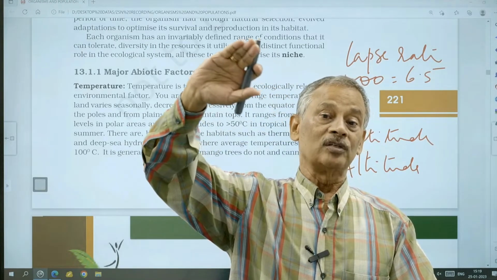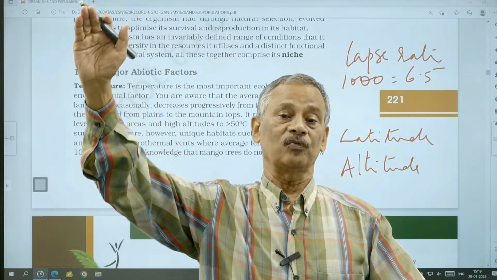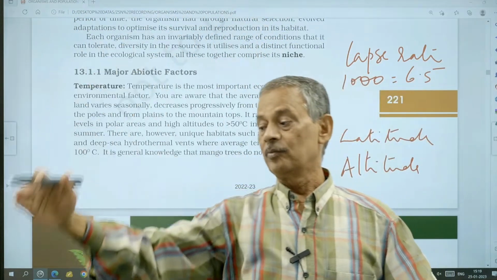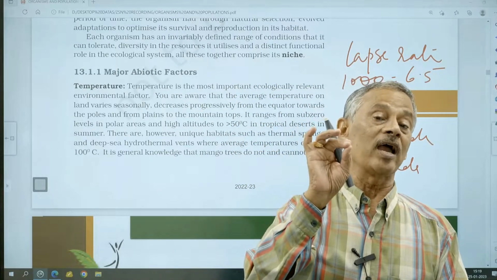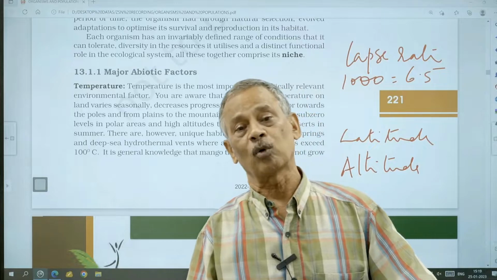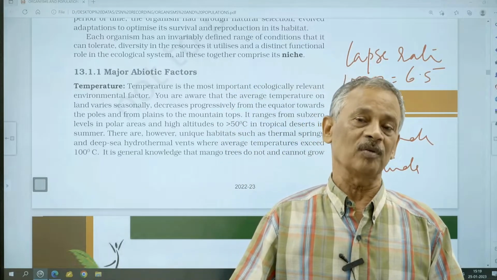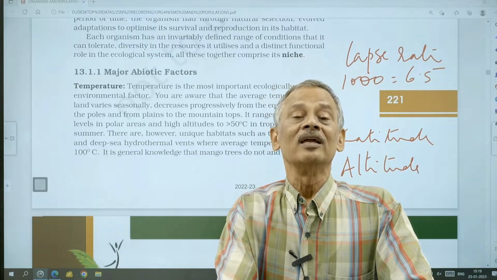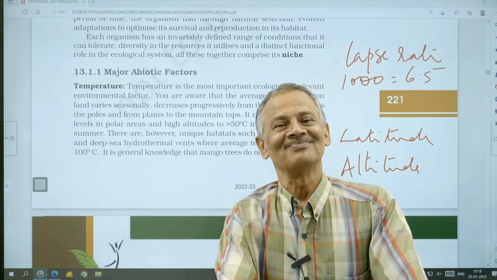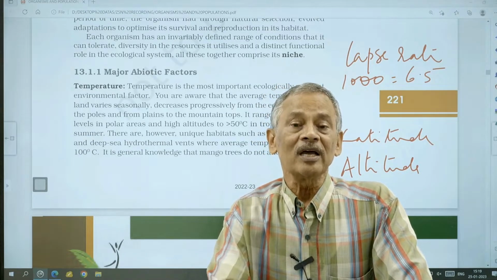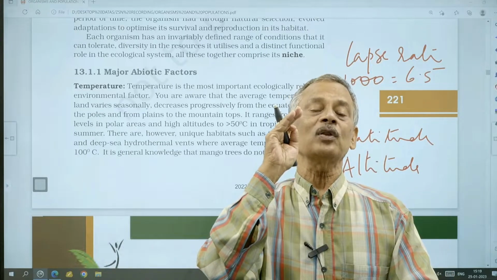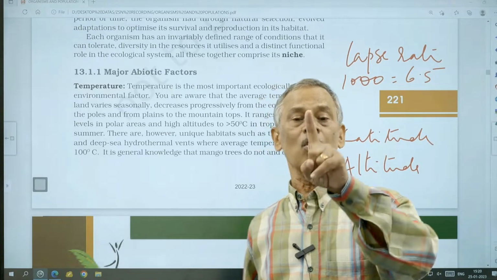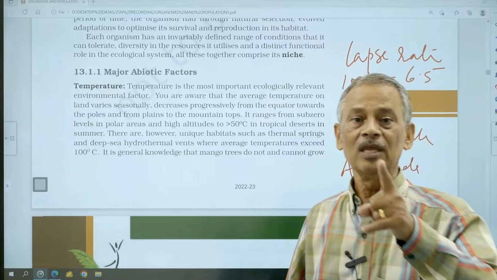This goes on till it reaches a maximum of 40 to 45 or even 50. Thereafter, if the temperature keeps increasing, there will be a decline. Why? Because enzymes become denatured. Enzymes are proteins. They become coagulated and precipitated at higher temperature. So metabolism comes to a standstill. So temperature directly influences the metabolism of an organism through enzyme kinetics. That is why I told you temperature is the most important factor in determining metabolism.